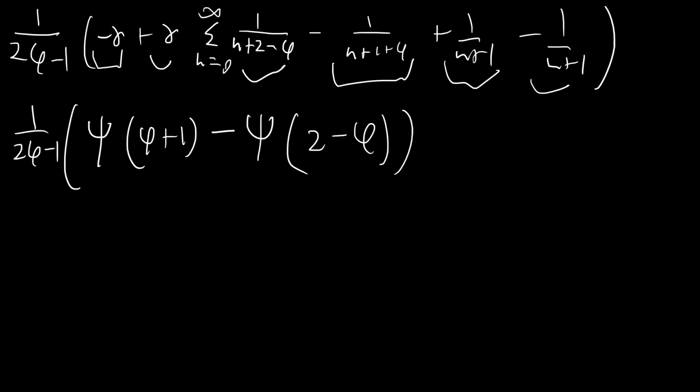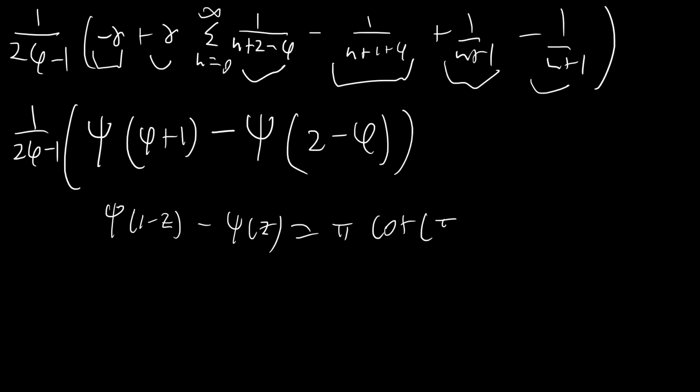Now we want to use the reflection identity for the digamma function. So for that we need digamma of 1 minus z minus digamma of z, right? Because this is equal to pi cot of pi z. So we want this to be our 1 minus z, and we want this to be our z, right?